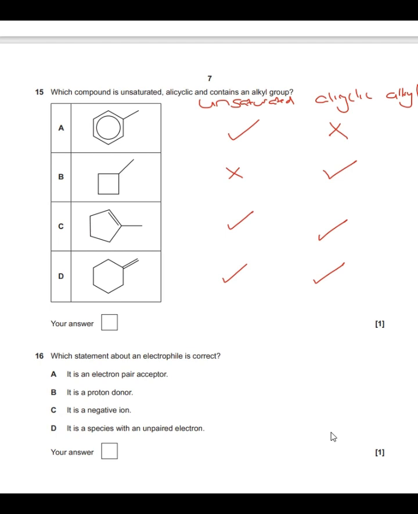An alkyl group is something like a CH3 or a C2H5 within it. Here we've got a CH3, so that one does have an alkyl group. This one has an alkyl group too. This one does too. This one does. This is not an alkyl group, because it's got a double bond there. So the only one that fits all three is C.